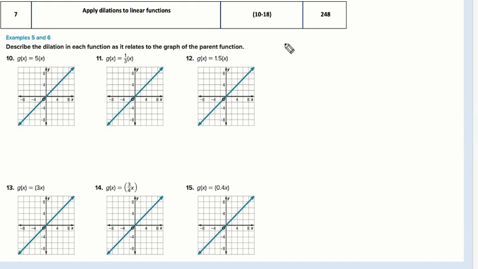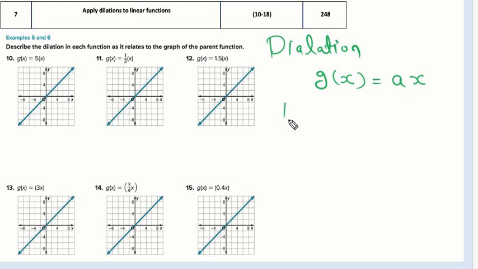Now let's try to understand dilation. These questions are on the topic of dilation. How does that work? If you have a function like g of x is equal to ax, where mod a is more than 1, this a is a constant, so it will be a number.